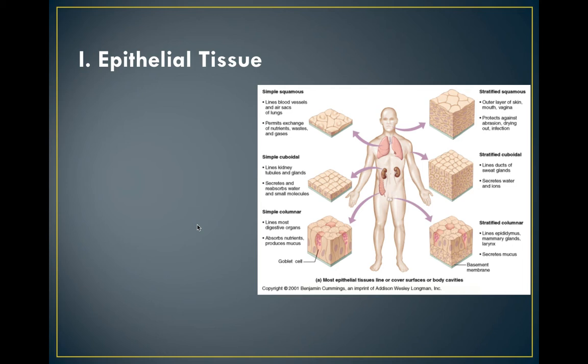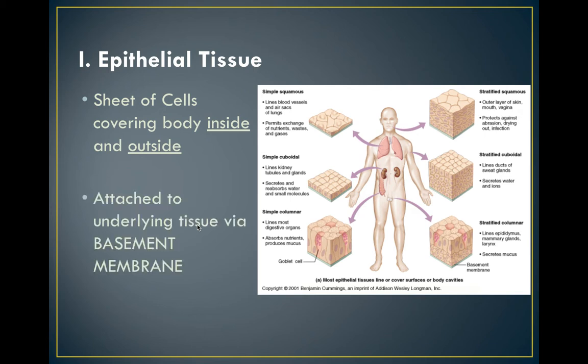So let's talk epithelial tissue first. Epithelial tissue is sheets of cells that cover the inside and the outside of our bodies. We typically think of epithelial tissue as just being our skin on the outside, but actually all of our internal surfaces are lined with epithelial tissue as well.